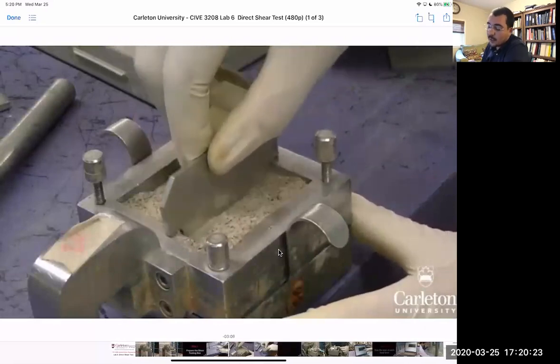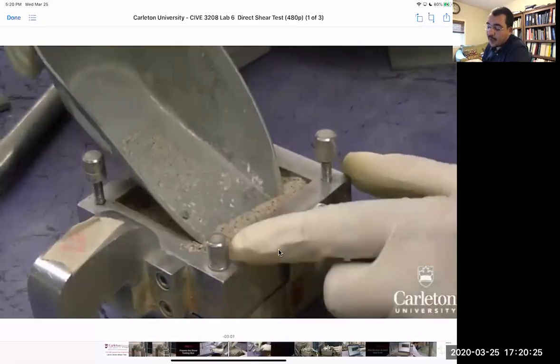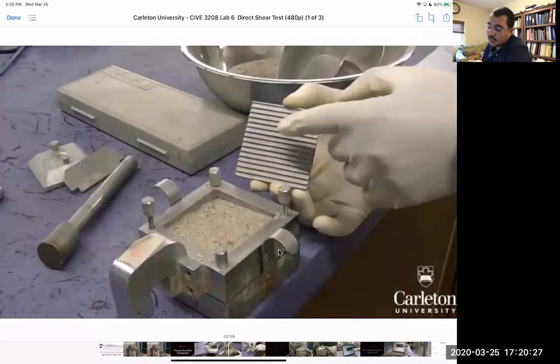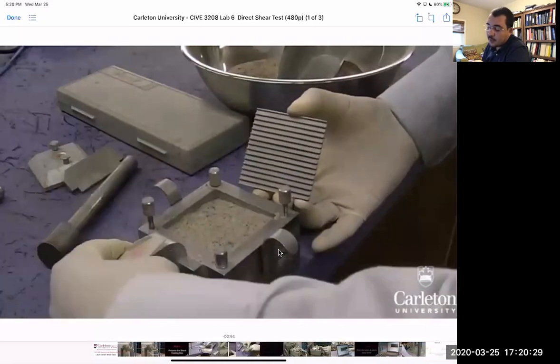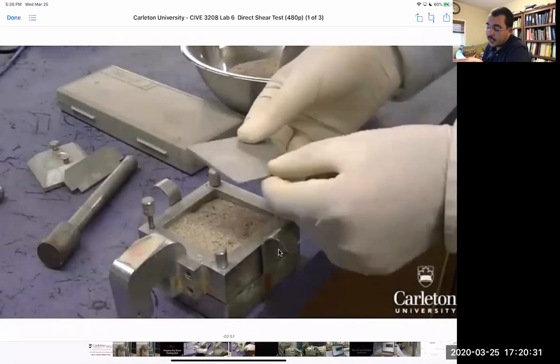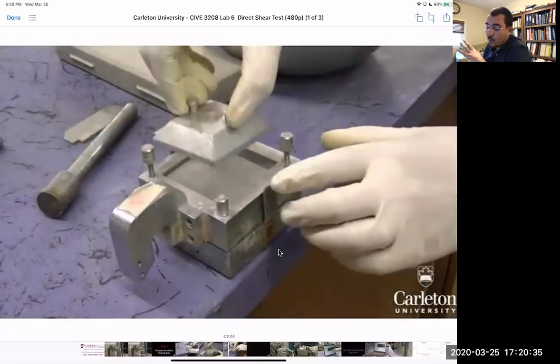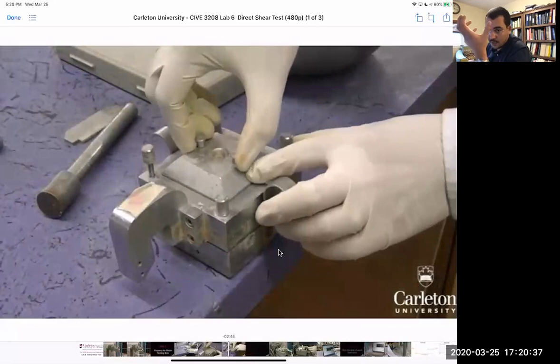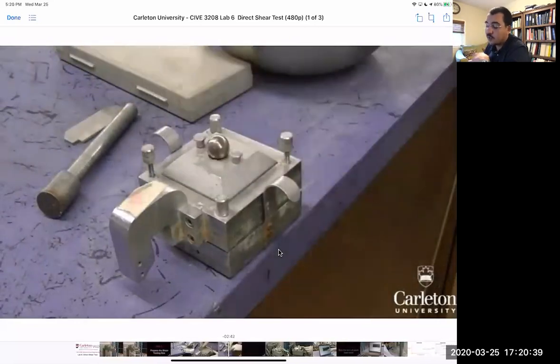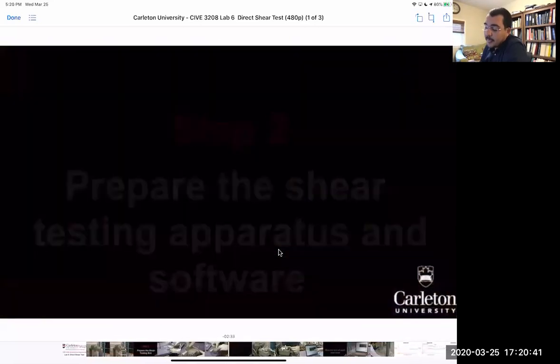What he's doing here is making sure that the surface is flat, and if there's excess material, he's removing it. These are the plates that will allow the shearing to happen across the two planes with confinement, with that normal stress, the confining stress, being applied to it.